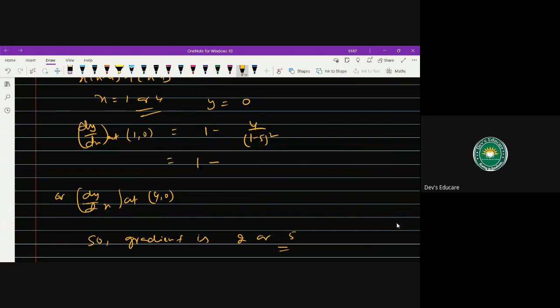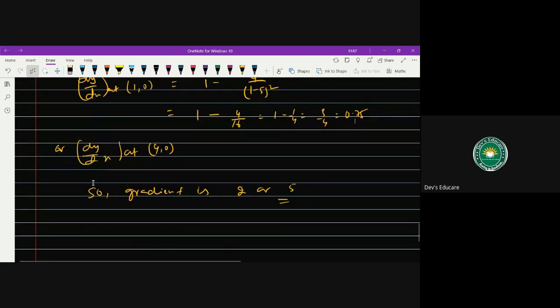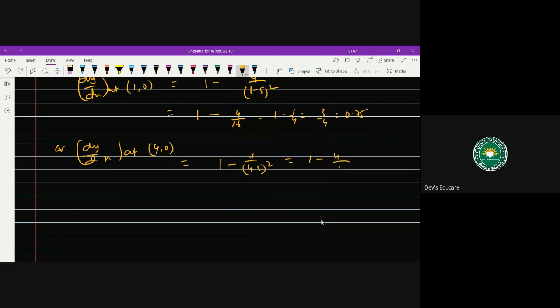1 minus 4 upon 16. So 1 minus 1 by 4, 3 upon 4, 0.75. Okay, and if we put 4, 0, then it will be 1 minus 4 upon 4 minus 5 whole square equals 1 minus 4 upon 1, minus 3.